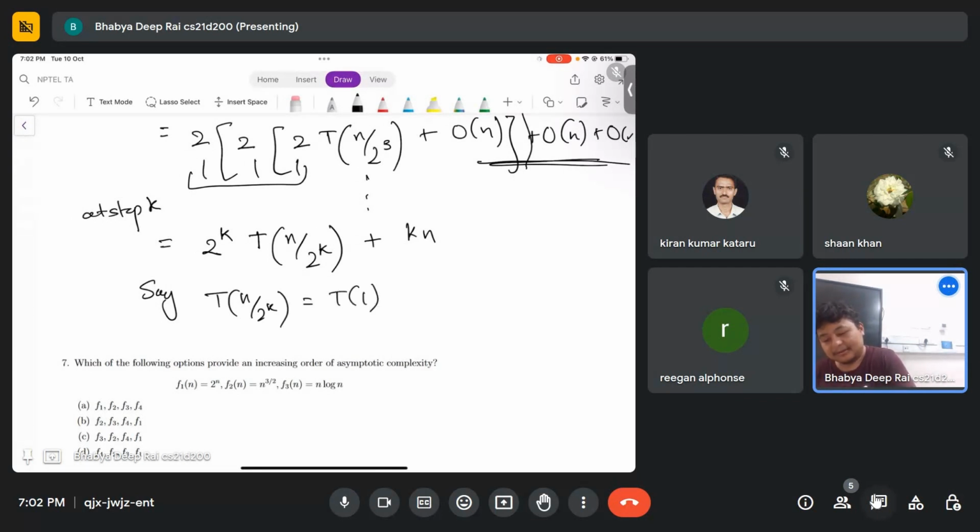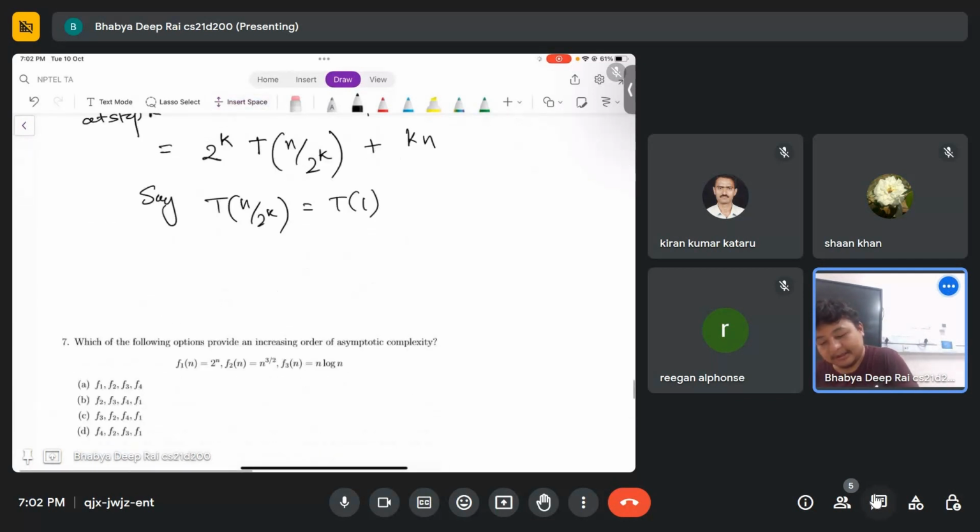Then what do we have here? This means that n by 2 to the k equals 1, and this means that n equals 2 to the power k. Now find k, because we need to substitute k back here. k is equal to log base 2 n.